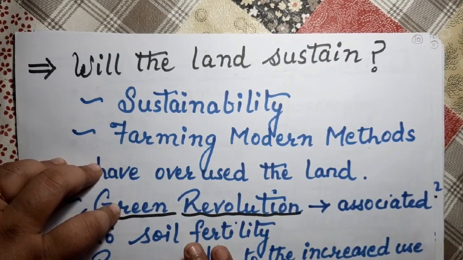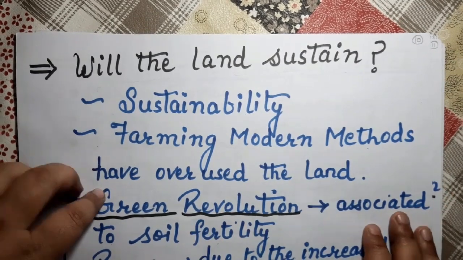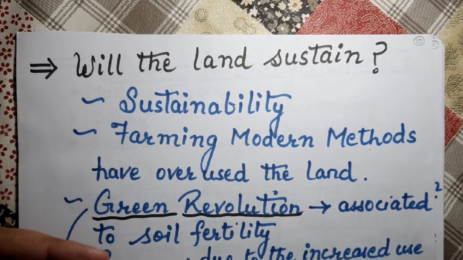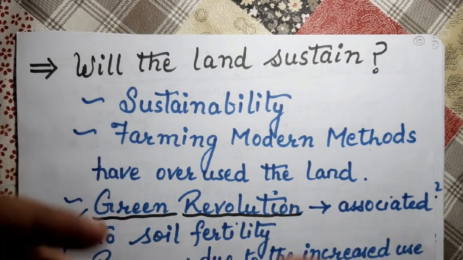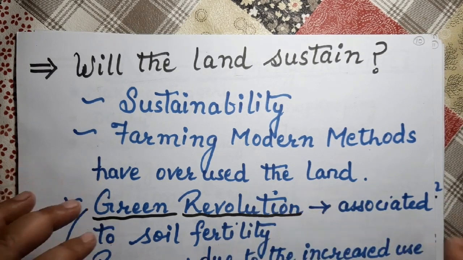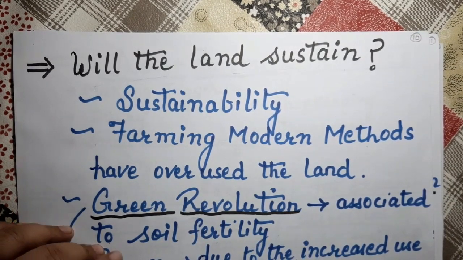Here the resource is basically land. Because we are using lots of things which are making the land unfertile. Land being a natural resource, it is necessary to be very careful in its use.